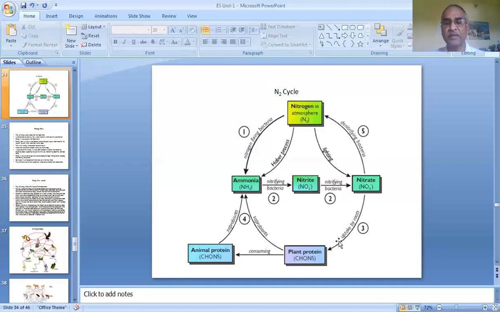And from that, plants produce protein, and this protein is consumed by animals, and they also produce their own proteins. And when these plants and animals die, saprobionts, another type of bacteria, decompose these proteins into ammonia. And then ammonia becomes nitrite, and then nitrate, and then denitrifying bacteria takes it back to atmosphere.